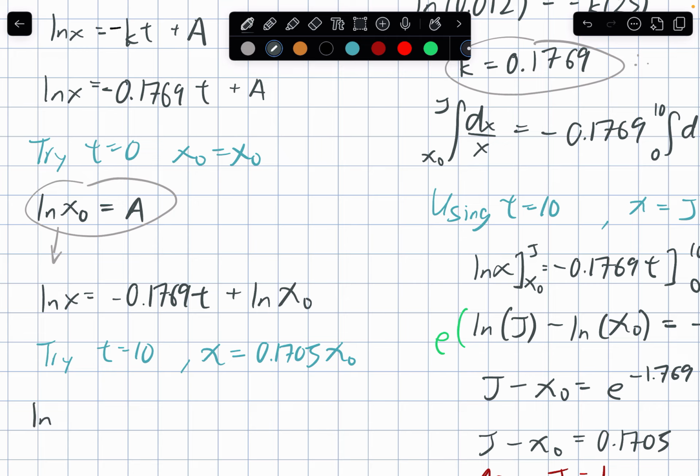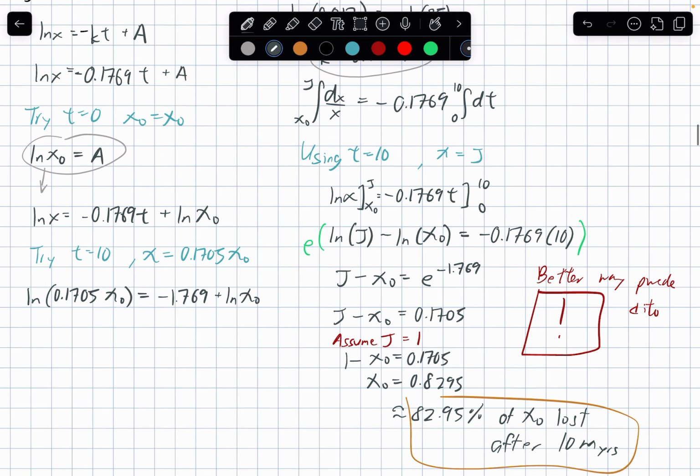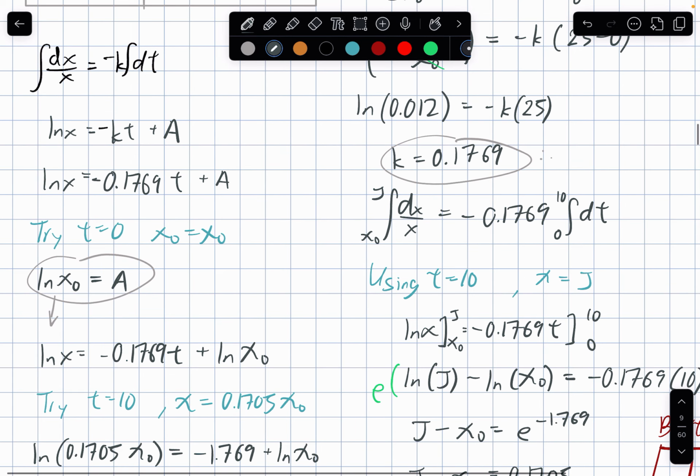I'm excited. Ln 0.1705 x sub o equal to, so this one times 10 is negative 1.769 plus ln x sub o. Yes, so I think this is helpful. We were after finding k, the constant k, and we find the other constant, which is a.